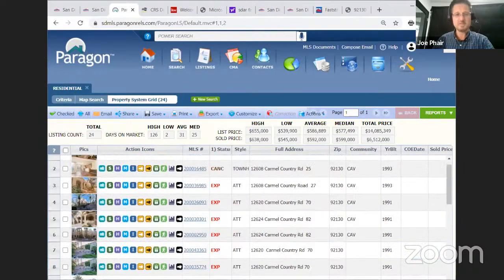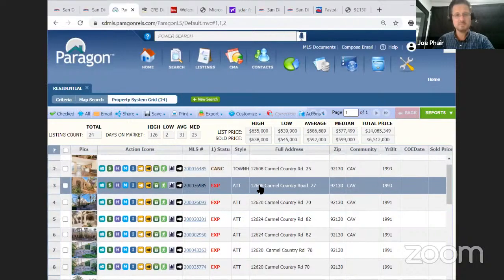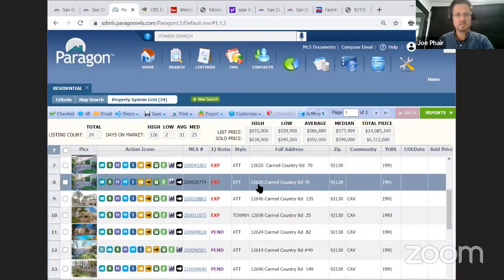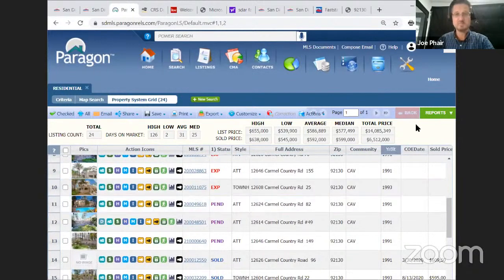Okay, so this property, number 49, 12-614-49. Now, I actually cheated on this one earlier. It's actually in escrow.